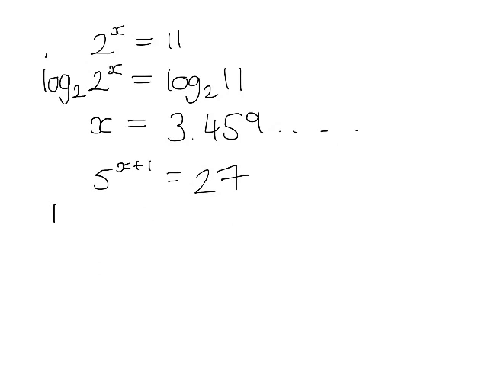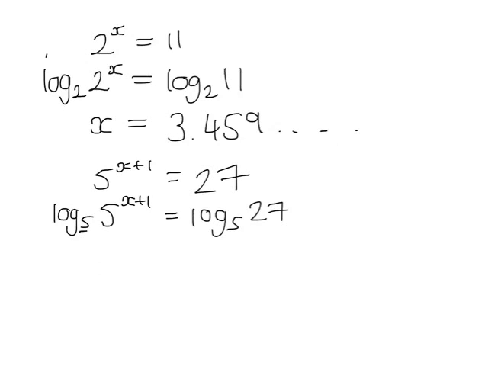Again, we're going to take logs of both sides, but on this side we're going to use a base of 5 now, because our exponent is 5 to the power x plus 1. And we're going to do the same on the right hand side, log to the base 5 of 27. Now on this left-hand side, what this log to the base 5 of 5 to the power x plus 1 is going to give us is x plus 1.